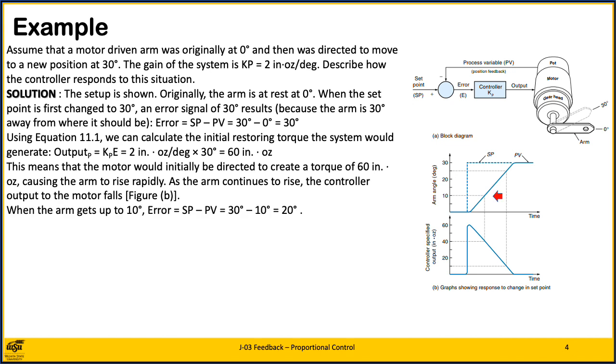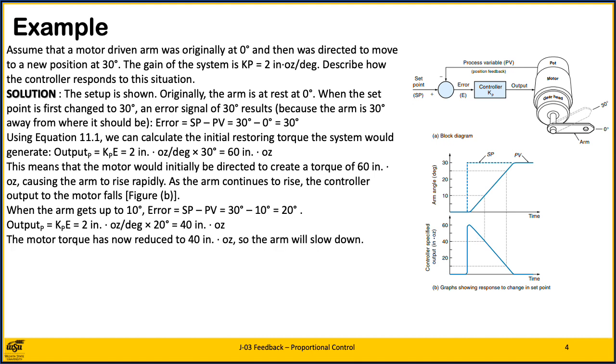When the arm gets up to 10 degrees, error is equal to SP minus PV, or 30 minus 10, or 20 degrees. The output due to proportion, output P, is equal to Kp times E, or 2 inch-ounces per degree times 20 degrees, or now 40 inch-ounces.